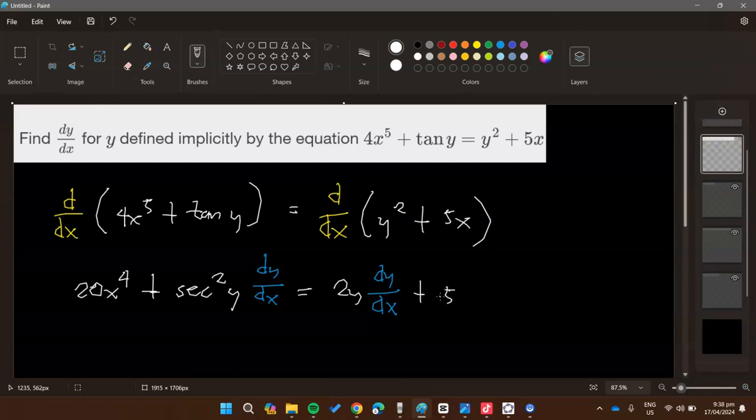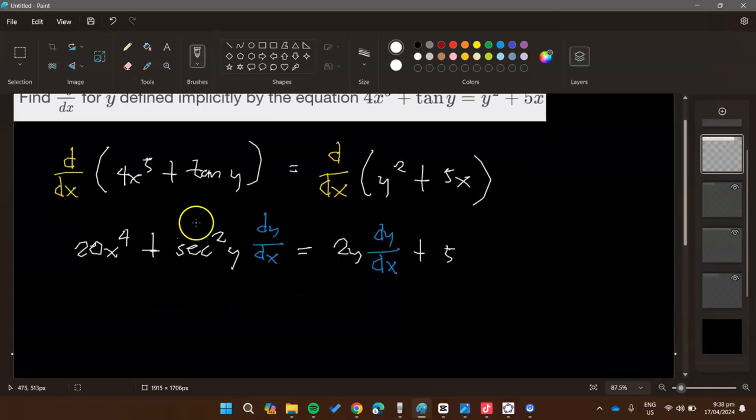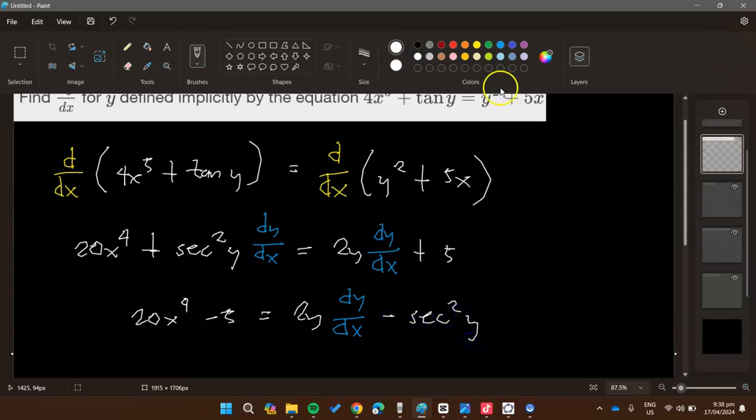So what will happen now is we are going to group together dy/dx. So what I'm going to do is simply move secant squared y dy/dx to the right side. So I will get 20x to the 4th minus 5 is equal to 2y dy/dx minus secant squared y dy/dx.